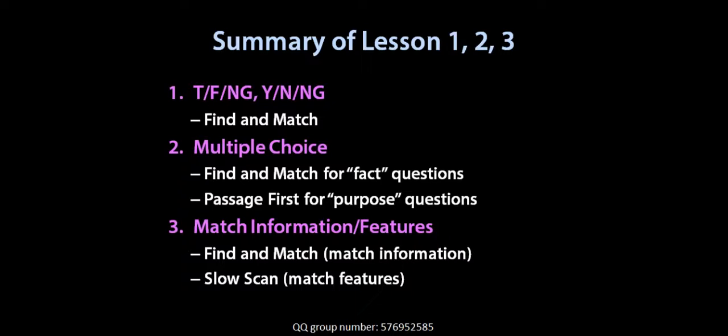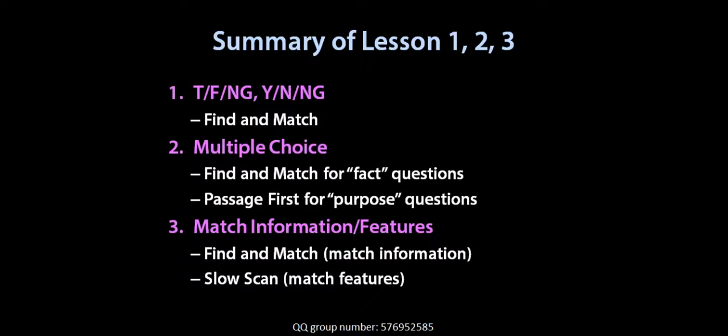And then in the last lesson that we did, lesson 3, we talked about matching information and features. Now we said that find and match is really nice for matching information to the paragraph. That's a pretty pure intensive skill. Finding and matching.